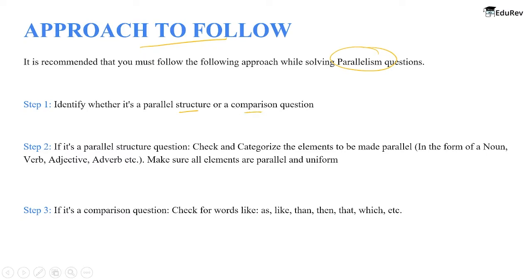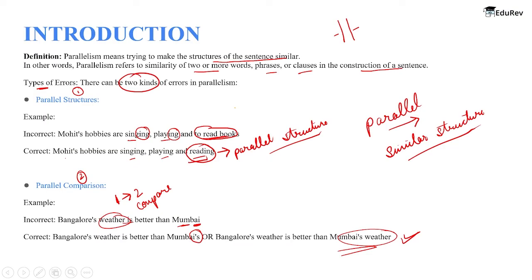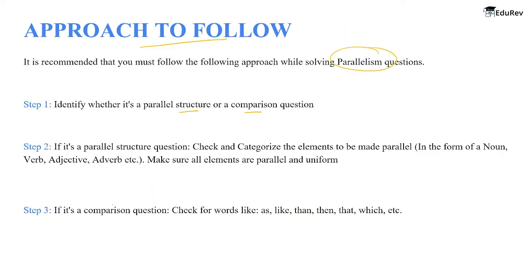We just did the two types of errors: in parallel structures, you have to write in a similar form, and the second one is comparison, when you have to compare one thing with another.